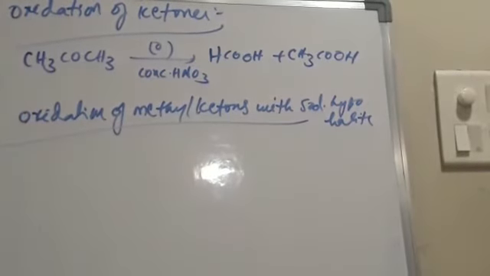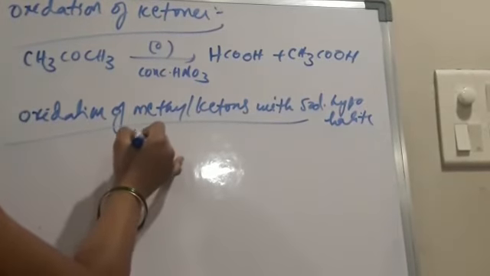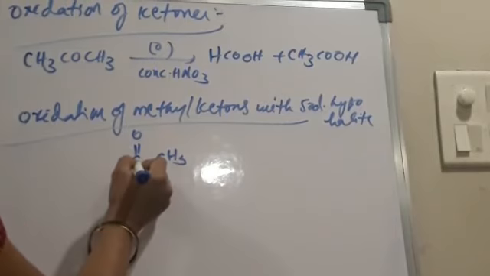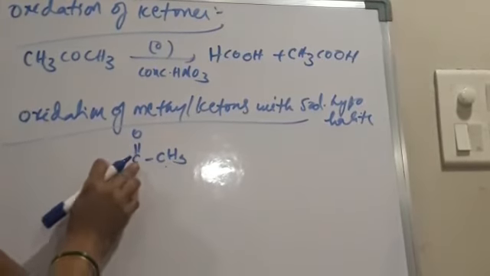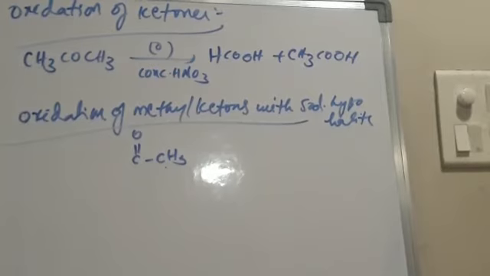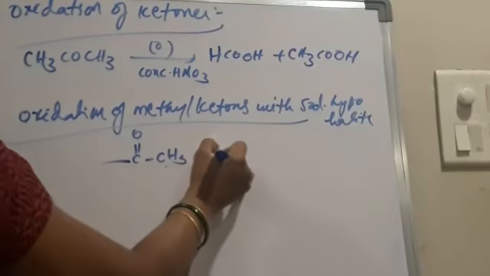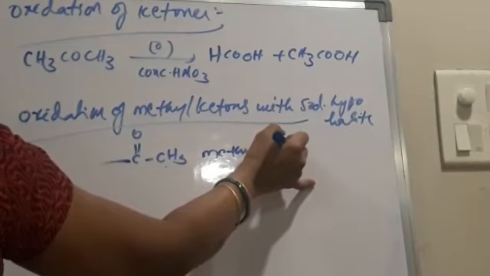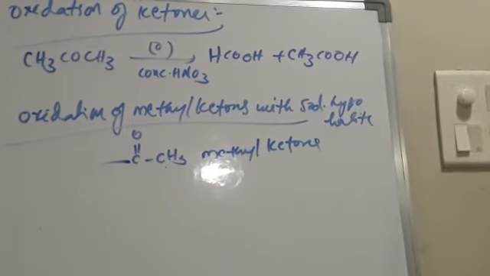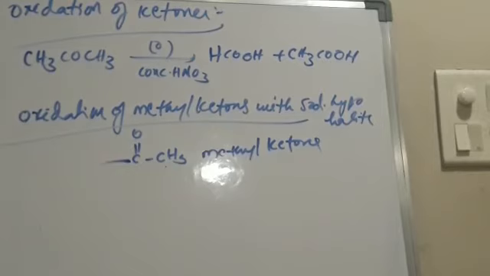We use methyl ketones separately because in these ketones a methyl group is linked with the carbonyl group. That's why these are called methyl ketones. When a methyl ketone reacts with sodium hypohalite, we get haloform. The methyl group converts into haloform.